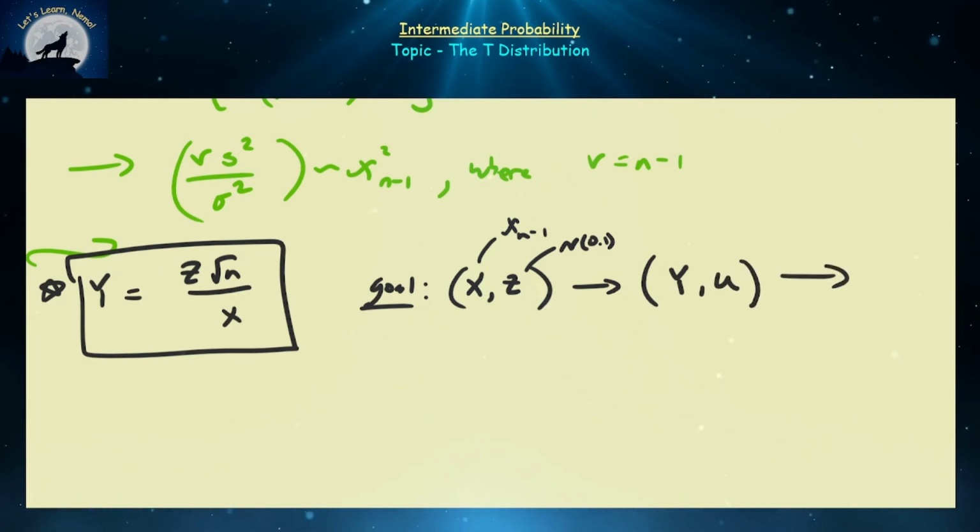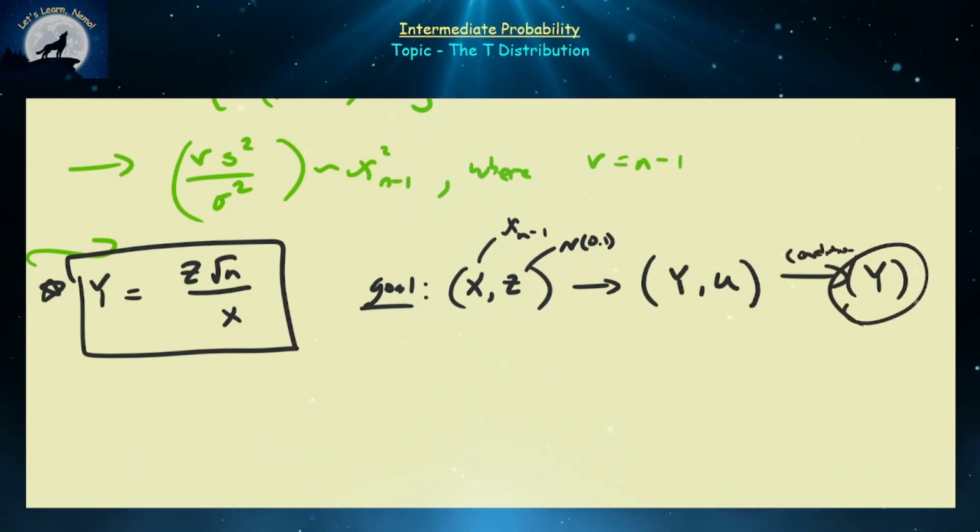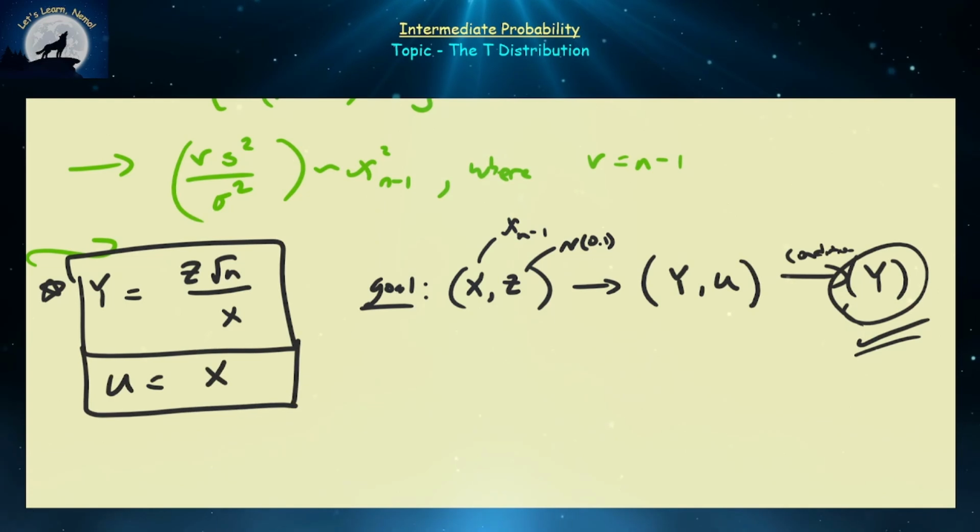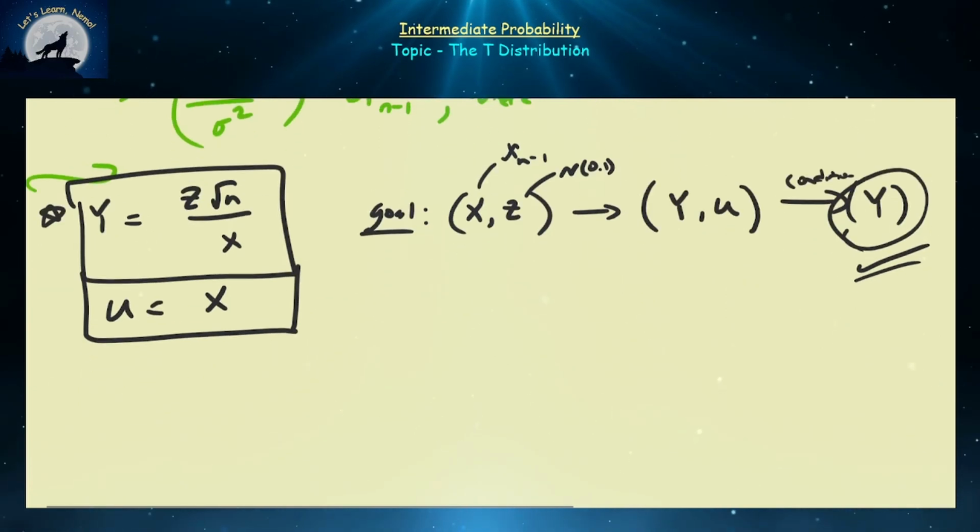Then we're going to figure out that I don't really want this variable u, so I'm just going to condition off that variable u in order to get just my value of y, and that's going to give my probability density function. And the variable u I'm going to choose is just going to be my chi random variable x. Right? So we're going to start with x and z, map to y and u, and then map to y via conditioning.